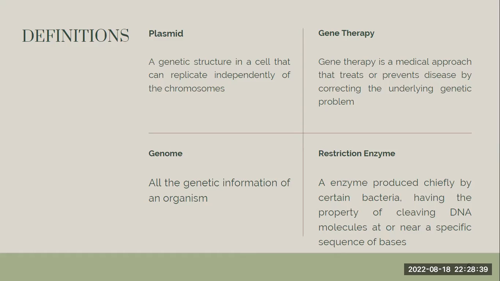Then we can put this plasmid into another organism, such as another bacteria. And at the rate at which bacteria are able to reproduce, the bacteria are going to recognize this plasmid, read the genetic material, and produce likely a protein.